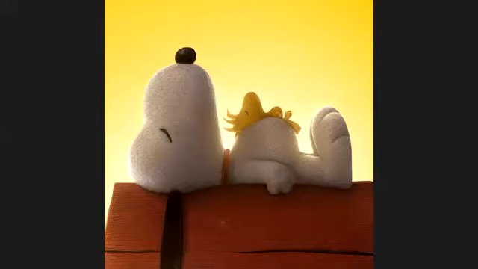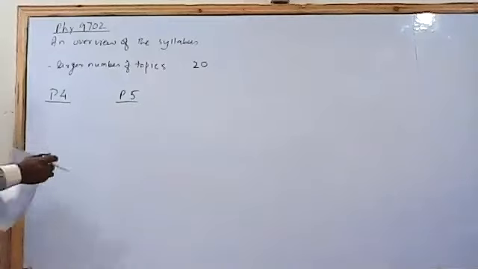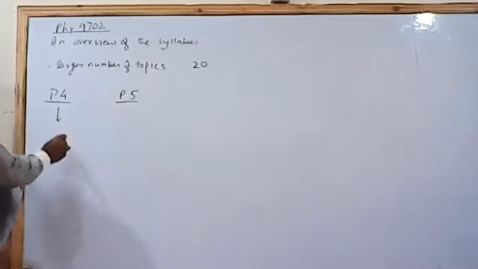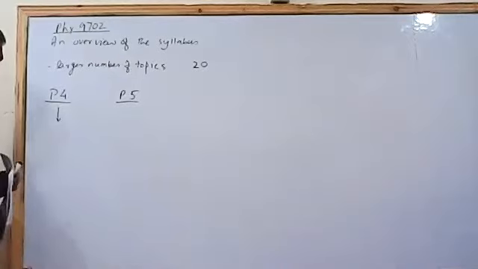Secondly, the papers that we discuss in A2 are only two papers, paper 4 and paper 5. We are starting our discussion with paper 4 at present. Paper 4 requires you to prepare the entire syllabus. It's a paper which has the largest weightage in our syllabus.